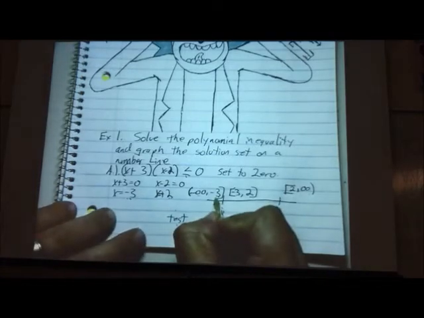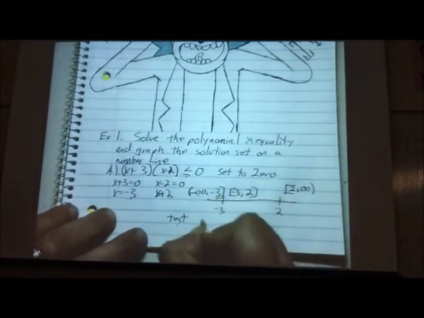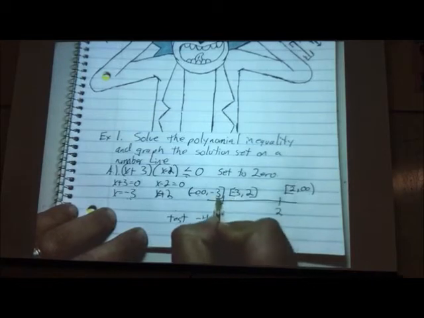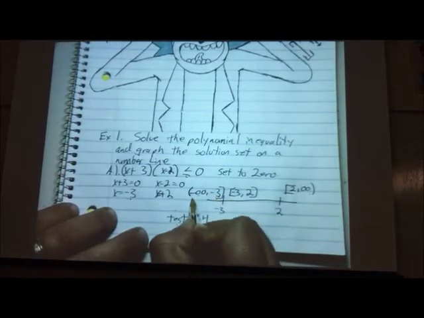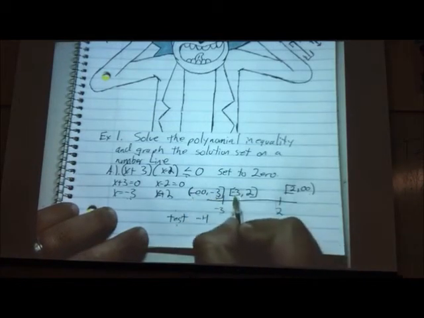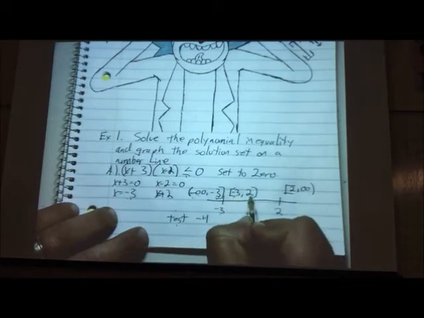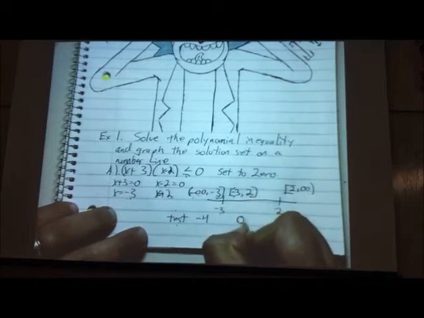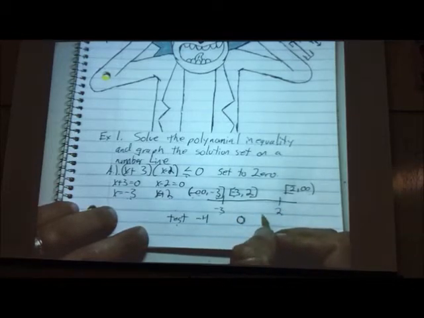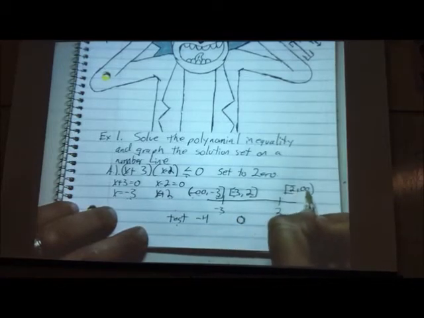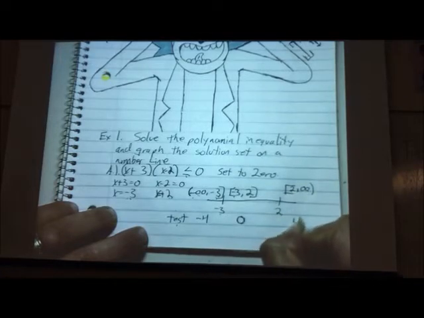Here it's negative 3, so the number that I'm going to use is negative 4, because negative 4 is between negative 3 and negative infinity. Now the number between negative 3 and 2, the easiest number to use is 0. And then I'm going to pick a number between 2 and infinity. I'm going to choose 4.